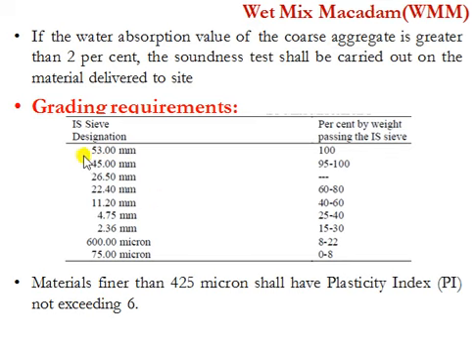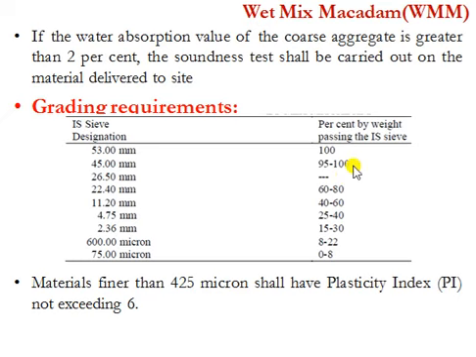So here it is given: IS sieve of 53 mm. When the material is sieved through this IS sieve of 53 mm, the percentage by weight passing the sieve should be 100%. Similarly, when the material is sieved through 45 mm, then the percentage should be 95 to 100%.